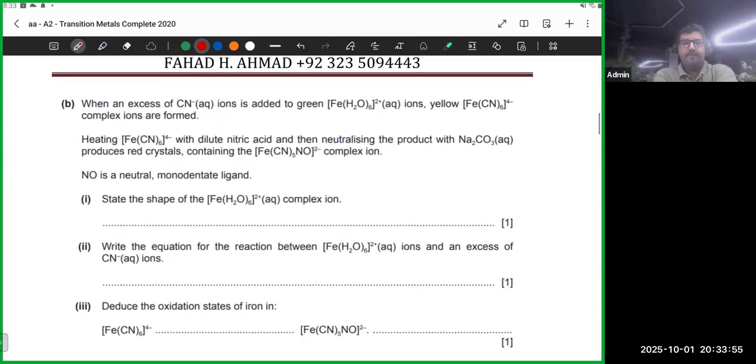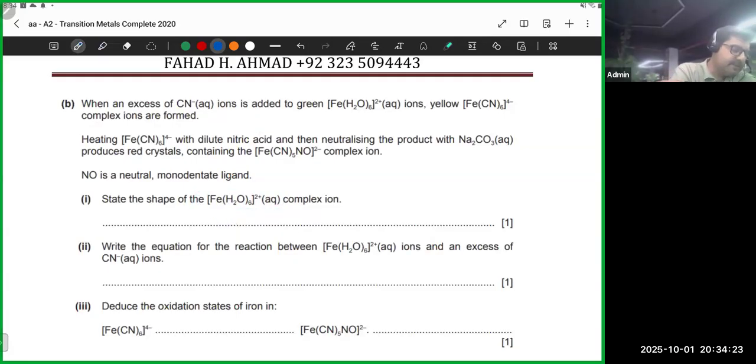There's an excess of CN- aqueous added to Fe(H2O)6, and you get this complex, right? Now heating with dilute nitric acid, then neutralizing the product with Na2CO3 produces red crystals which have this thing. So first thing, state the shape of this complex ion.